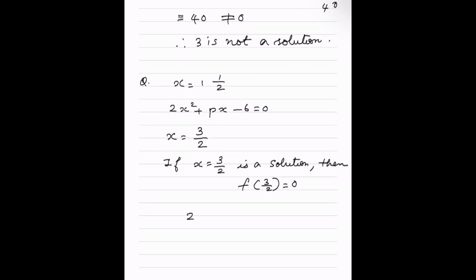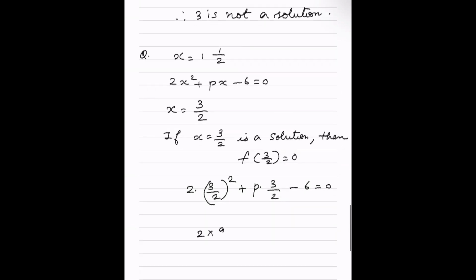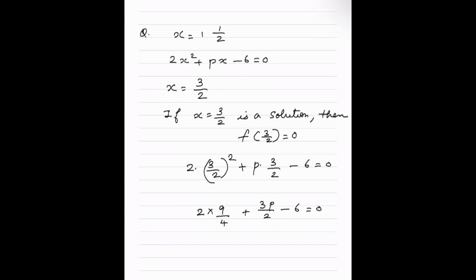So write 2 into 3 by 2 the whole square plus p into 3 by 2 minus 6 equal to 0. This will give you 2 into 9 by 4 plus 3p by 2 minus 6 equal to 0. This gives me 9 by 2 minus 6 is equal to minus 3p by 2.